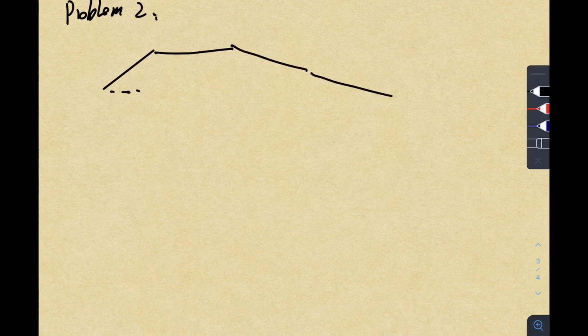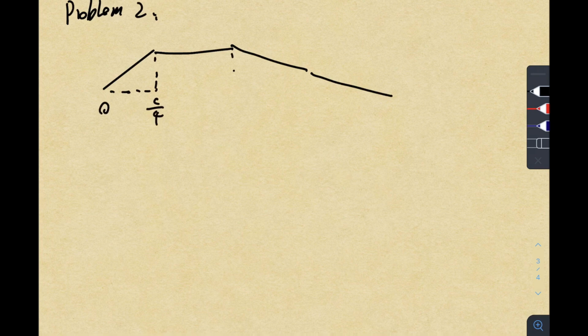So for the second question, it's actually pretty similar. Problem 2 is similar, except you need to do a little bit more computation. So in problem 2, we have a slope for the shape of the airfoil that is a piecewise linear shape, and for each piece there is a different slope.